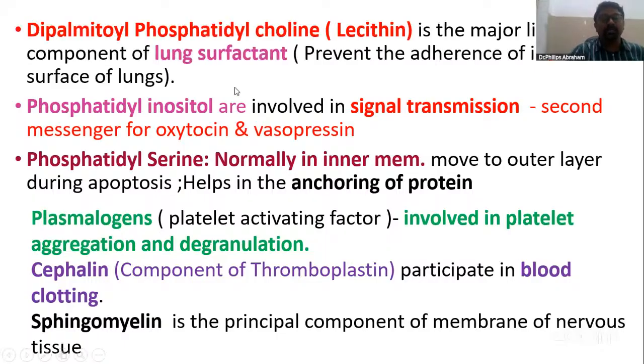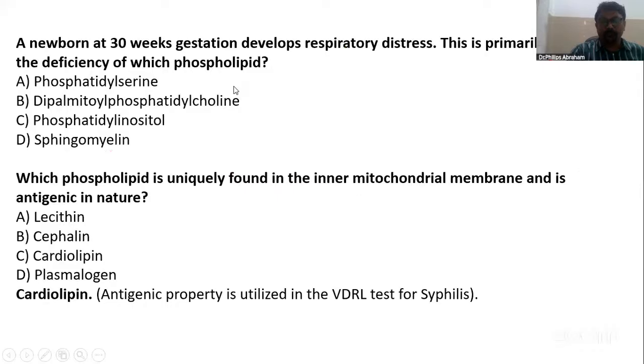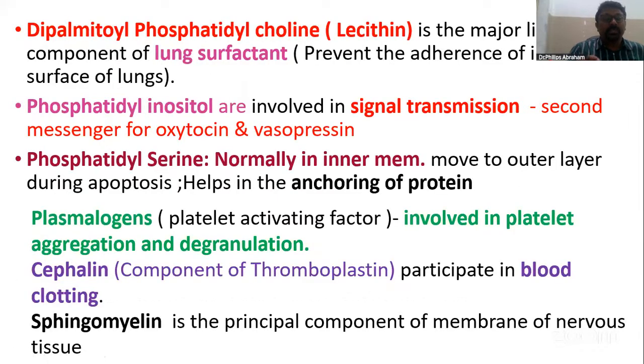Phosphatidylcholine is a major component of lung surfactant. Inositol is involved in signal transmission, that means phosphatidylinositol acts as a second messenger. Third, phosphatidylserine.